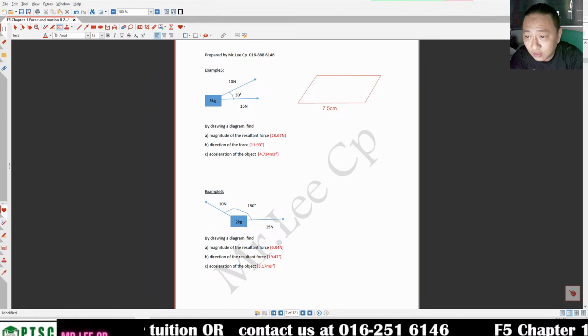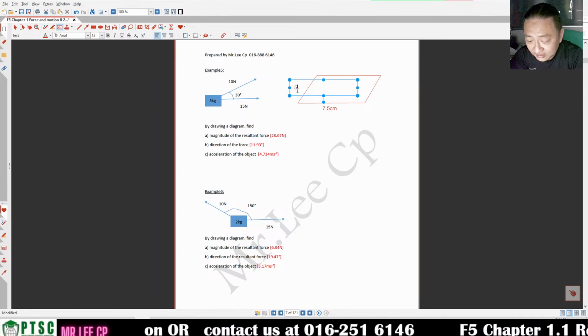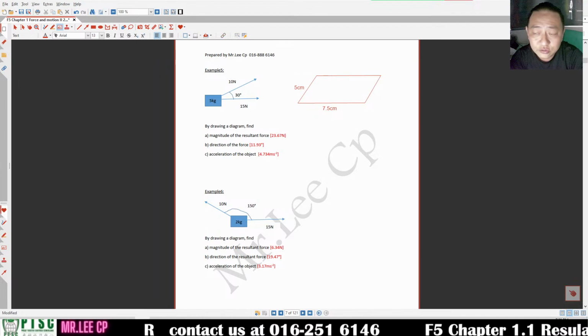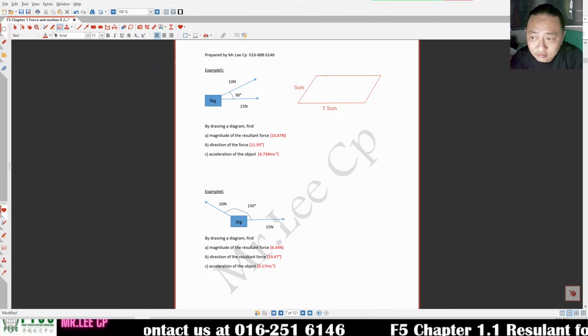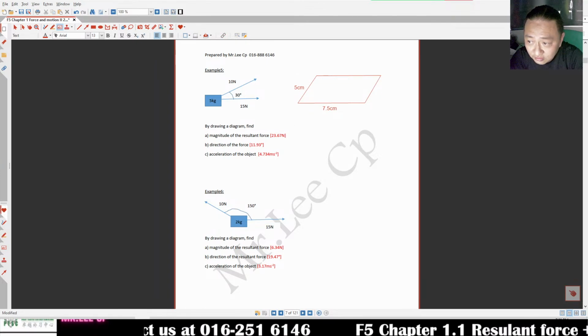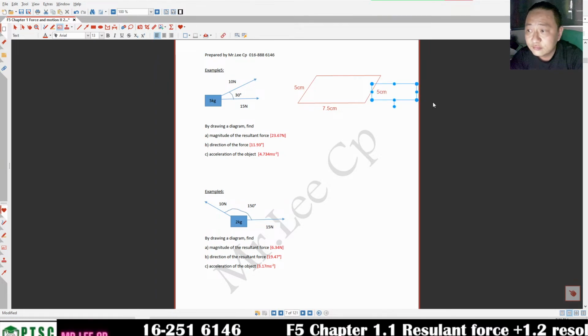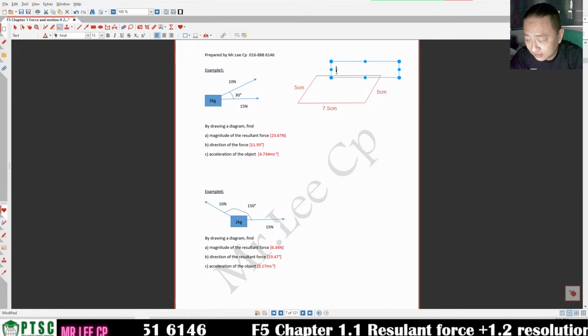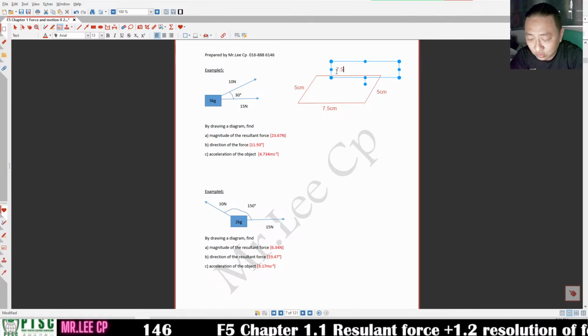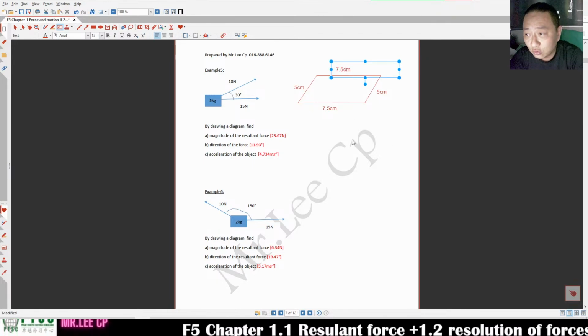And then this one, you take it as 5 cm. You divide it by 2. All right, how do you get it? This one you divide by 2, this one you divide by 2. So here it is 5 cm and here it will be 7.5 cm. And the direction, you must know very well.